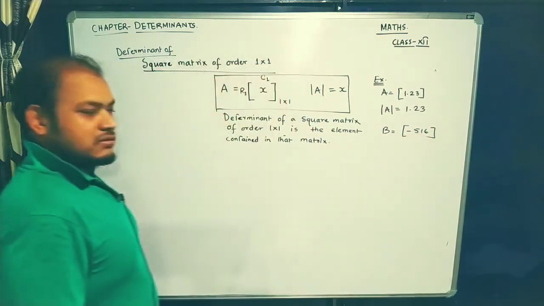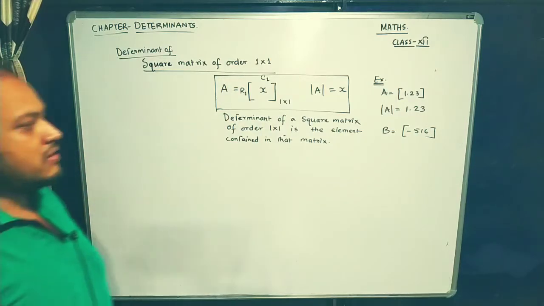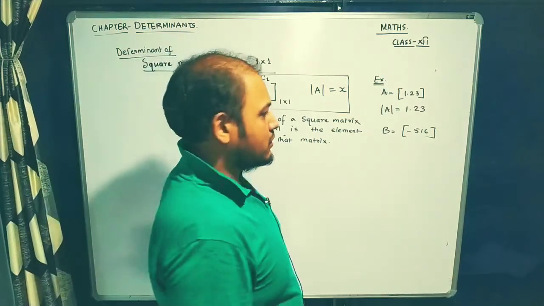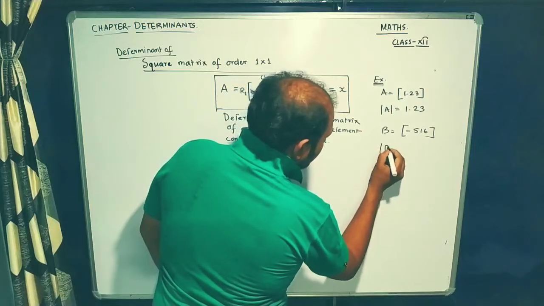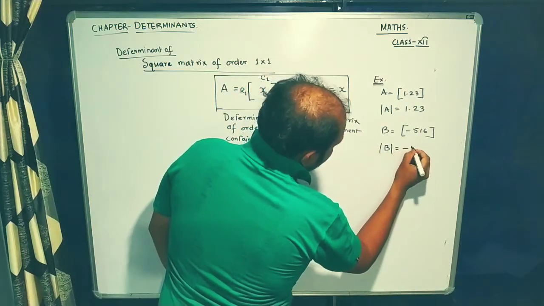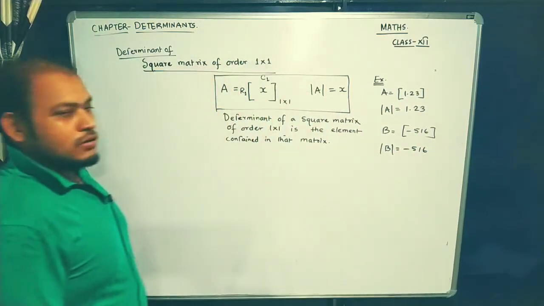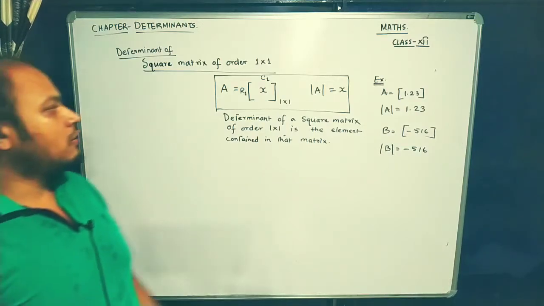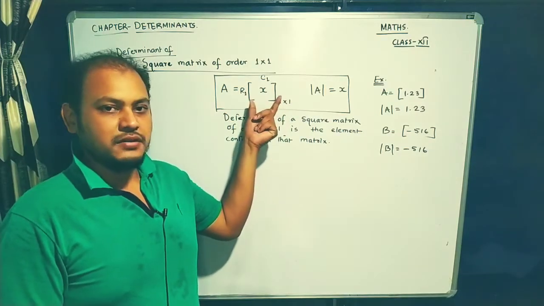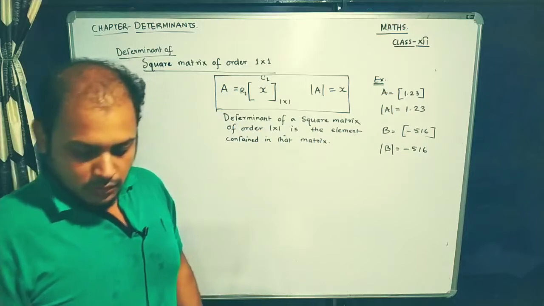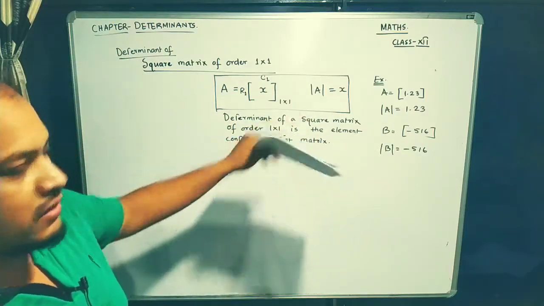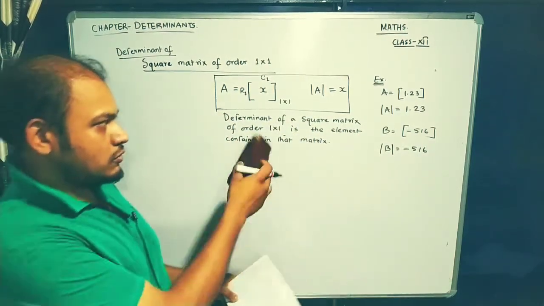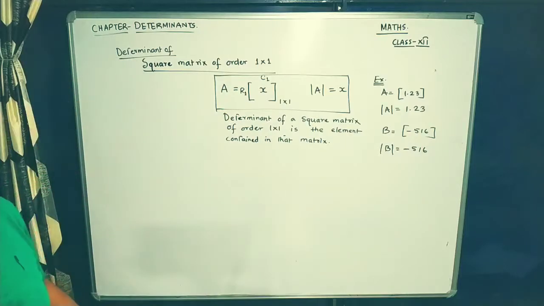So this is a matrix consisting of only one element, and that is minus 516. So its determinant will be equal to minus 516. Okay, so now it must be clear to you how to find the determinant of a square matrix of order 1 by 1. Okay, so keep this theory in mind and also take notes regarding this in your note copy.